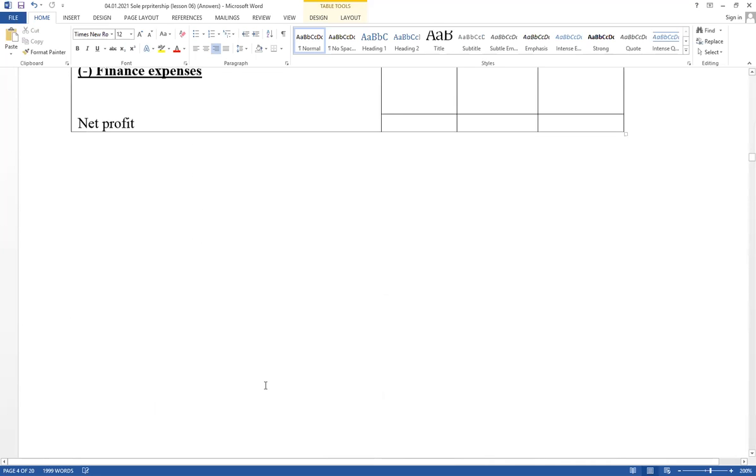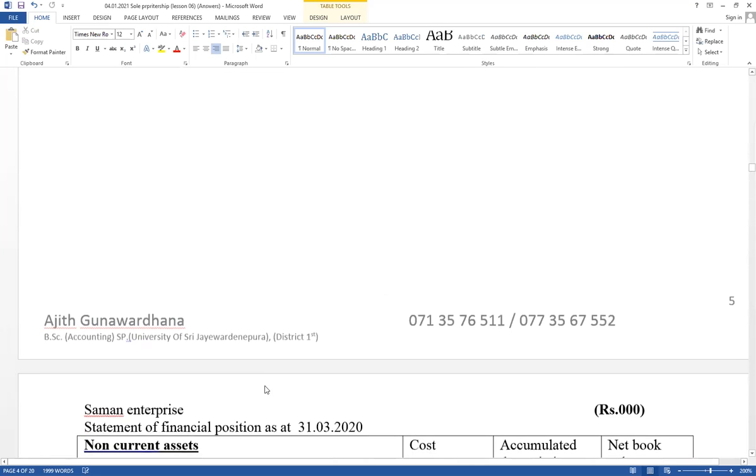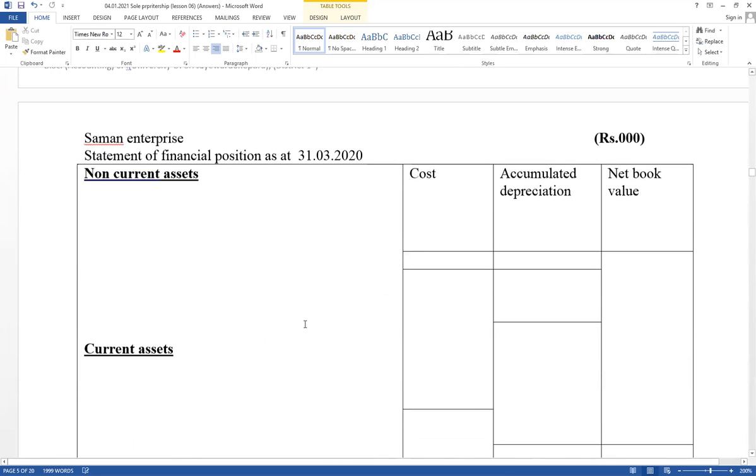Then statement of change in equity also the same way. This is a format for the statement of change in equity. From the beginning, name of the business, statement of financial position as at 31st March 20, non-current assets: cost, accumulated depreciation, and net book value.